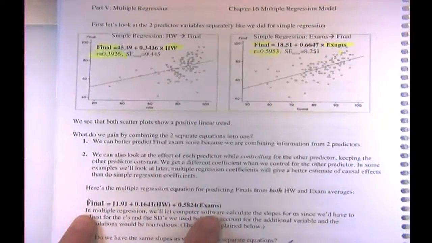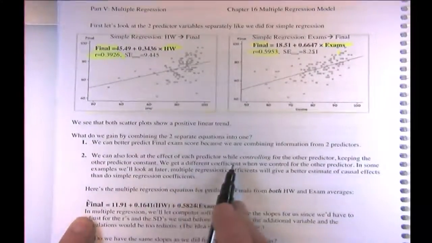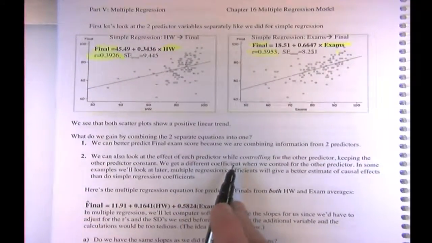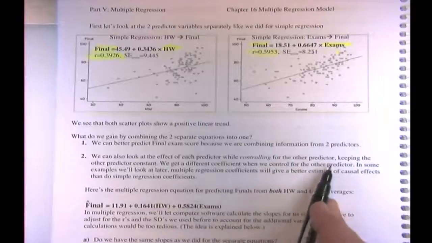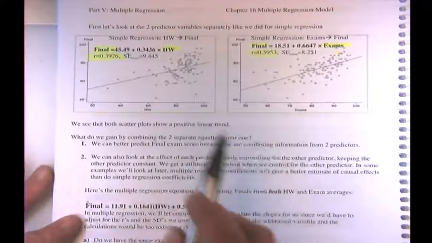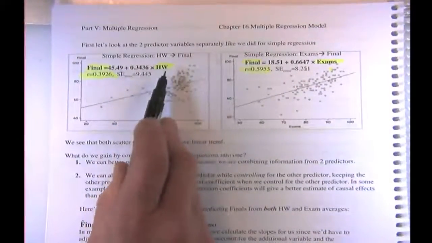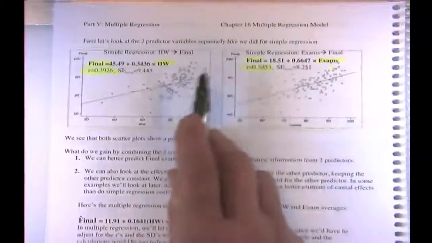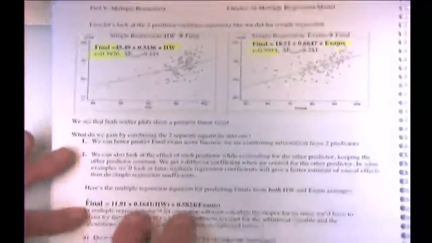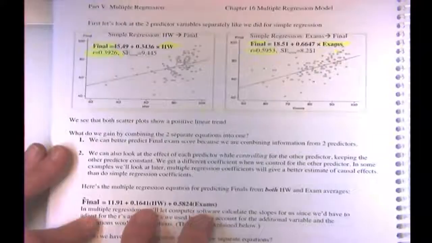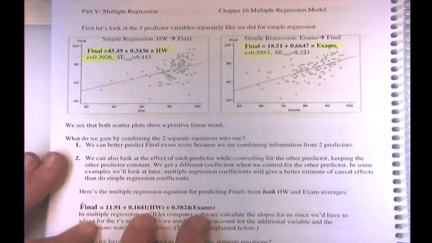what we can do is look at the effects of each predictor while controlling for the other predictor. In other words, we can separate out how much of this slope is due to homework and how much in predicting finals. We can partial out the effects of the other variable.